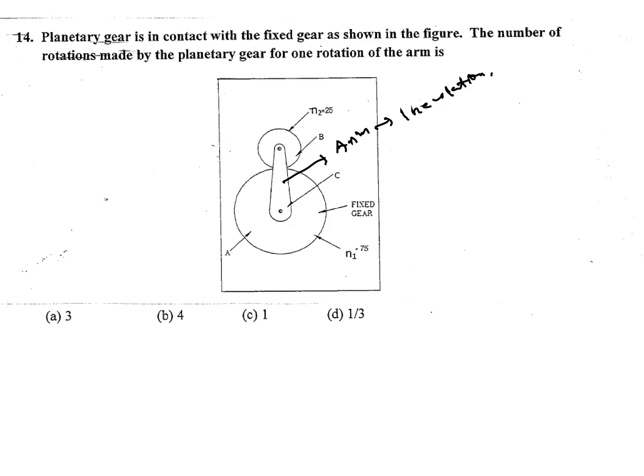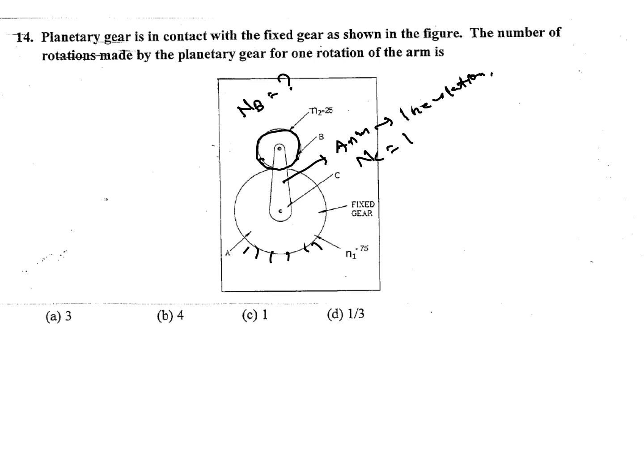We have to calculate the number of rotations made by the planetary gear, made by this gear. NB we have to calculate. NC is 1 revolution, and NA, this is fixed, so this is 0.